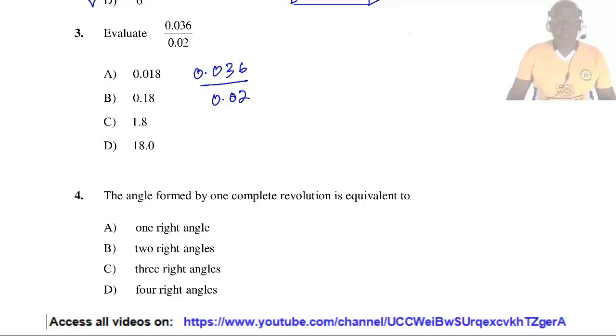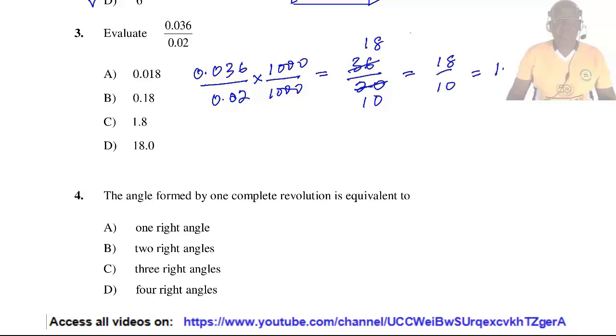We shall convert the numerator and denominator into whole numbers by multiplying the numerator and denominator by 1000. The expression will be 36 divided by 20. 2 goes into 36 eighteen times, and 2 goes into 20 ten times. 18 divided by 10 equals 1.8. So the answer is C.